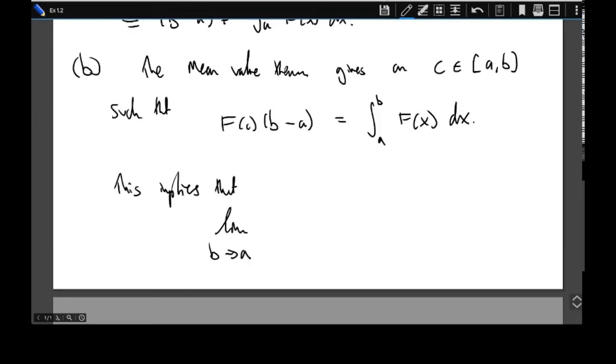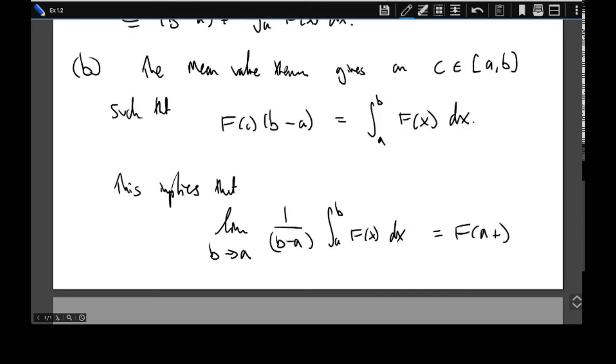So what it implies is that the limit as b goes to a of 1 over b minus a, the integral from a to b of f(x) dx, since this is equal to f at c for some c in between a and b for any choice of a and b, this limit then is equal to f(a) plus.